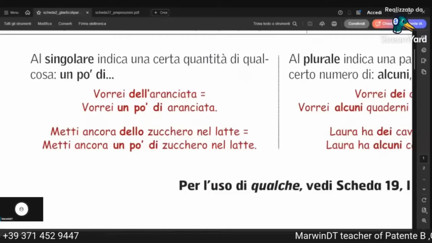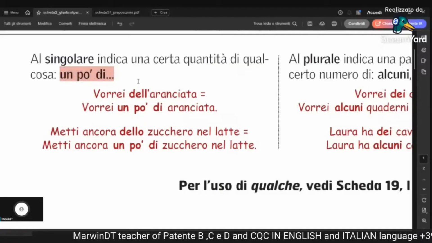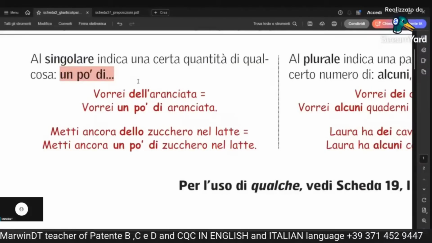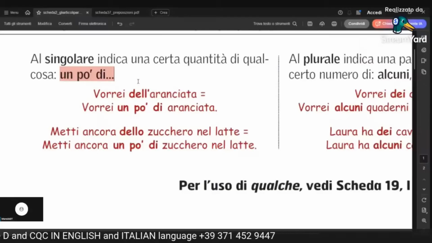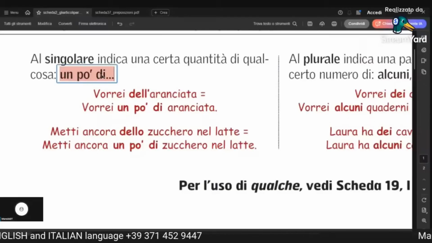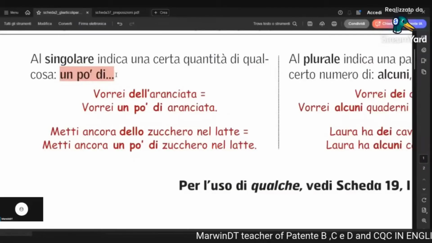Un po' di, example, un po' di. Un po' di simply means a little of, or a part of. I repeat, un po' di is a little of, or a little part of.